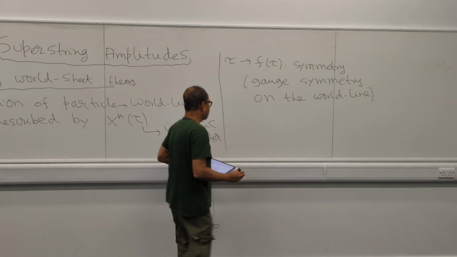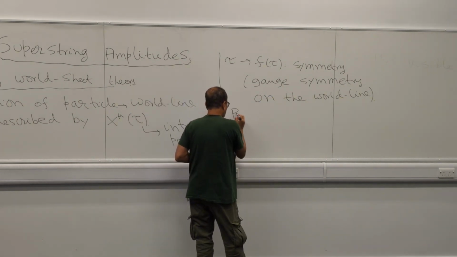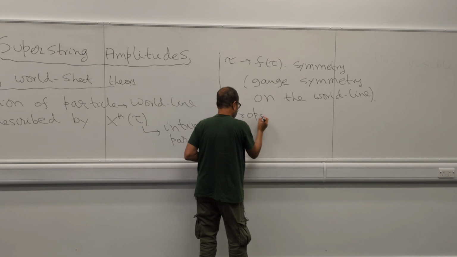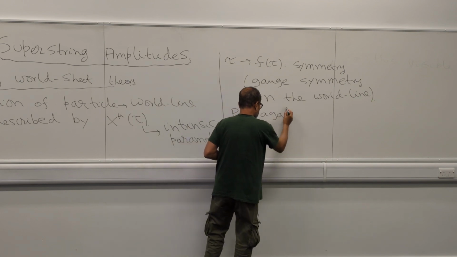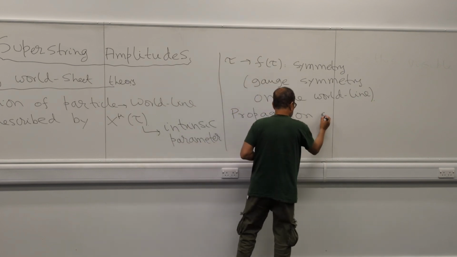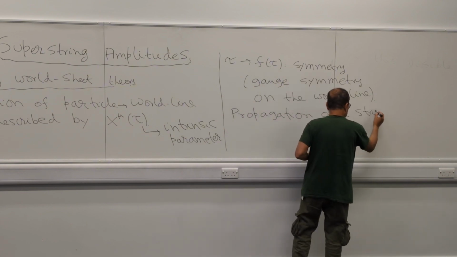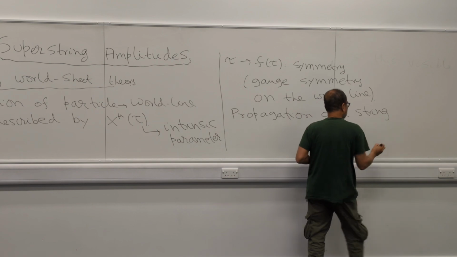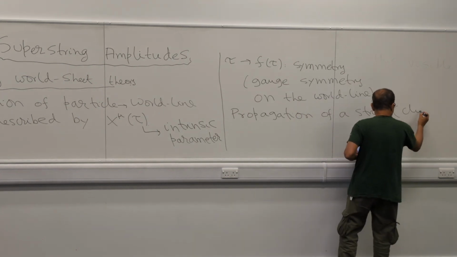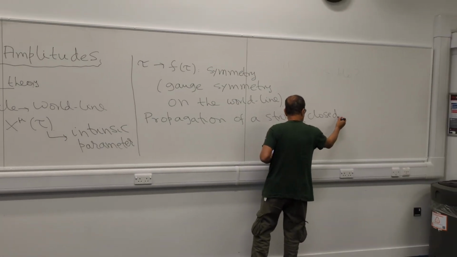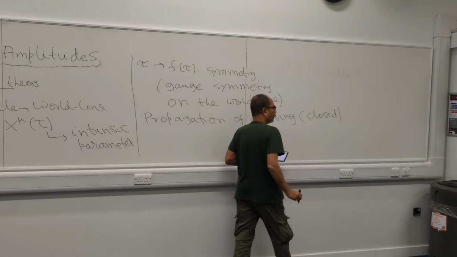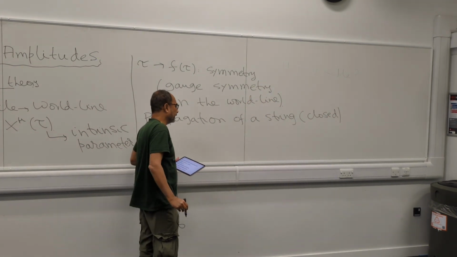So in the same spirit, propagation of a string, and throughout this lecture I will be considering mostly closed strings. But we could also analyze open strings using similar techniques.